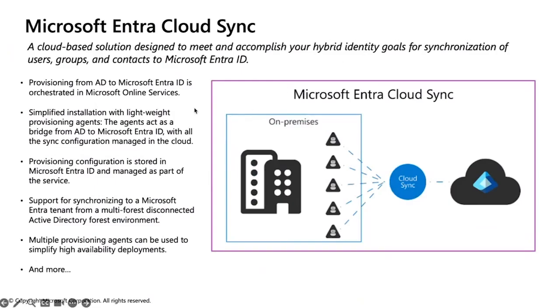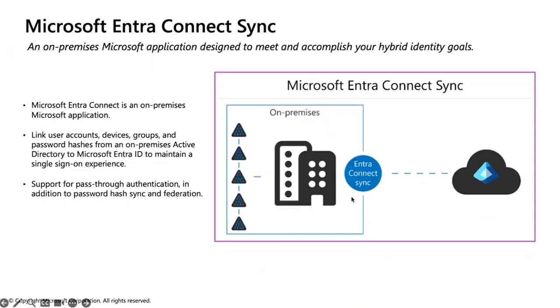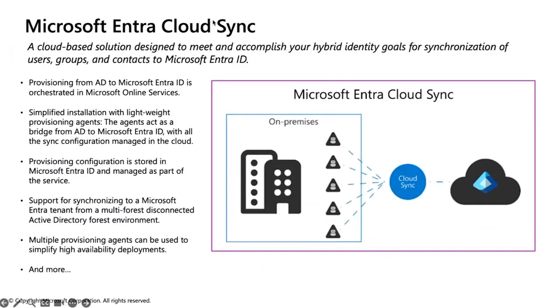So in Entra Connect Sync, we have to install this tool on-prem, and we have to manage high availability and many other things. But we have another tool, which we call Cloud Sync. In Cloud Sync, we deploy this tool in the cloud in the Microsoft Azure environment. And here we install lightweight agents on-premises, and they are connected to the Cloud Sync tool, providing very simplified synchronization capability from on-prem to the cloud directory system.